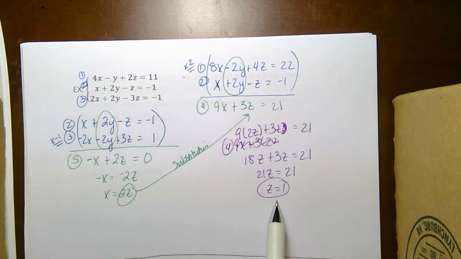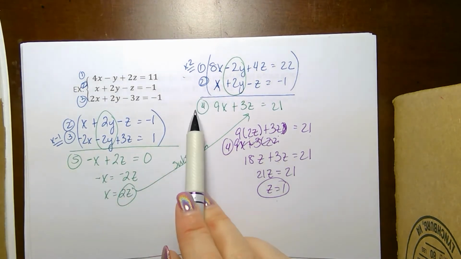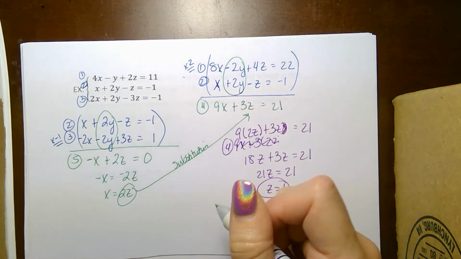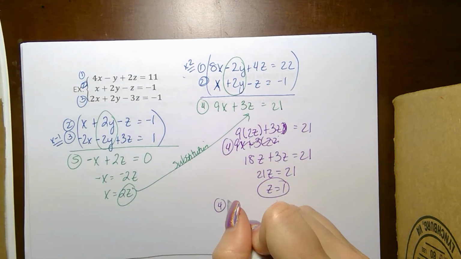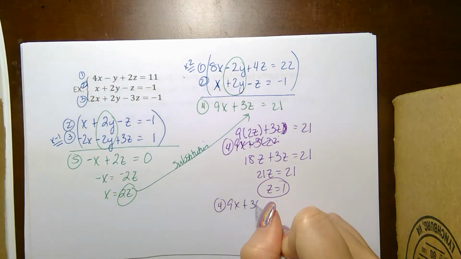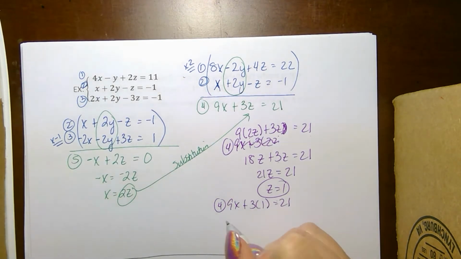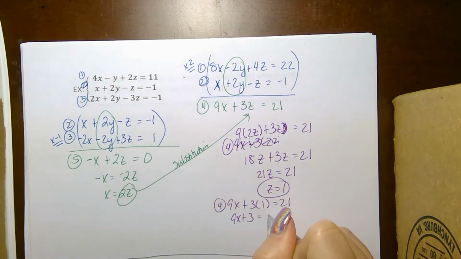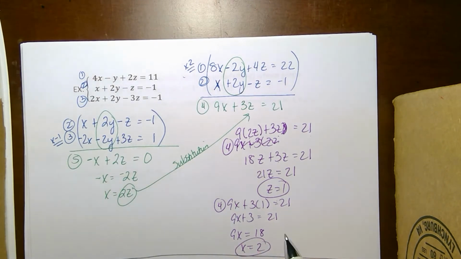Okay, I can take this value for z and plug it into either equation 4 or 5. Let's do equation 4. 9x plus 3 times 1 equals 21. 9x plus 3 equals 21. If I subtract 3, I get 9x equals 18. So x is 2. So I know that z is 1, x is 2.